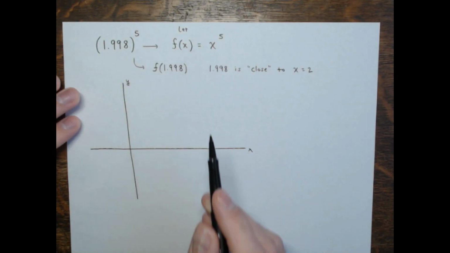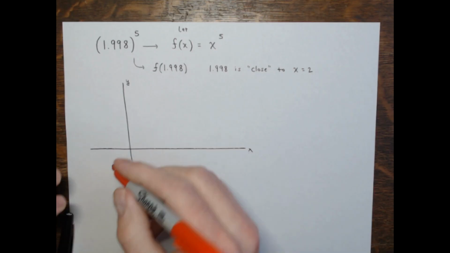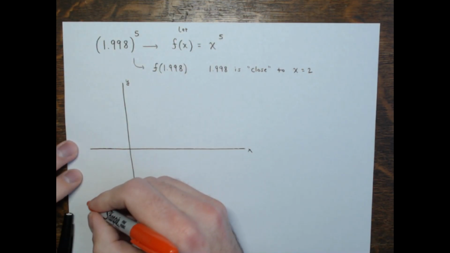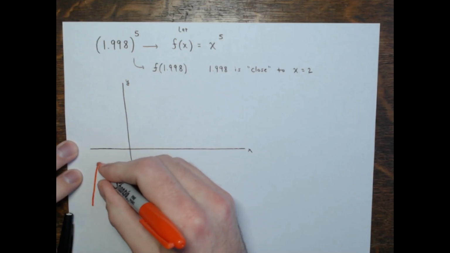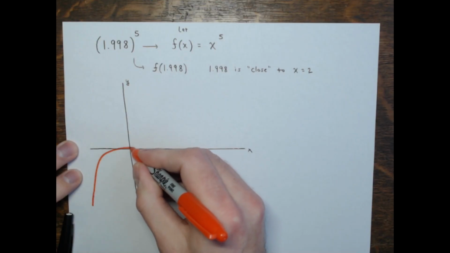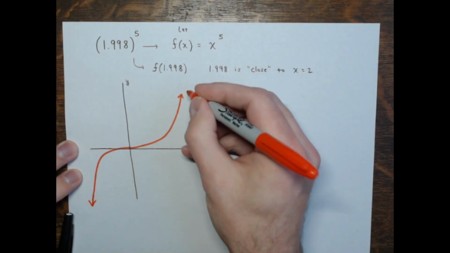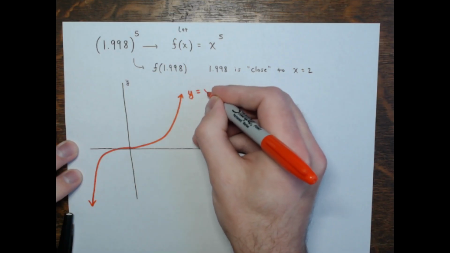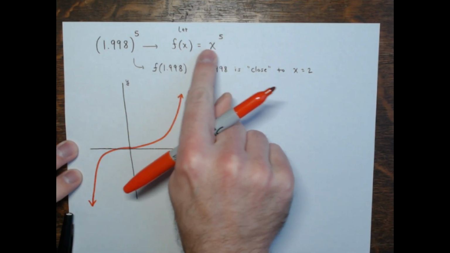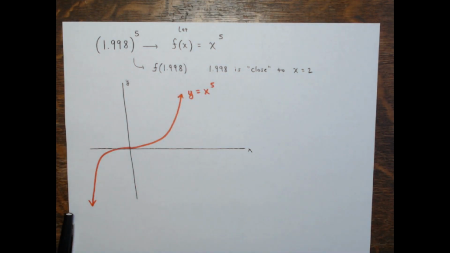So again, y equals x to the 5th. All right, that looks like this. Odd power function here. It looks something like that. Here's y equals x to the 5th. That's this function I called f.